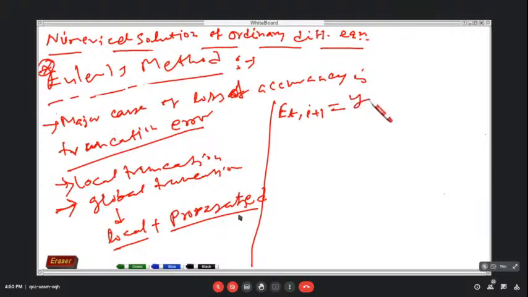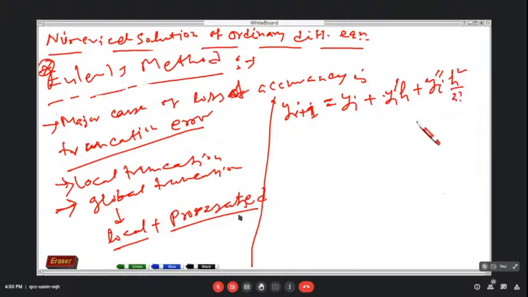Before that, what I can write is that in general y i plus 1, जो फॉर्मूला है, हमारा Euler's method का, वो ऐसा होना चाहिए: yi plus yi prime h, this is first derivative, plus yi double prime into h square by 2 factorial, plus और भी टर्म्स हैं, but हम यहाँ तक लेते हैं.